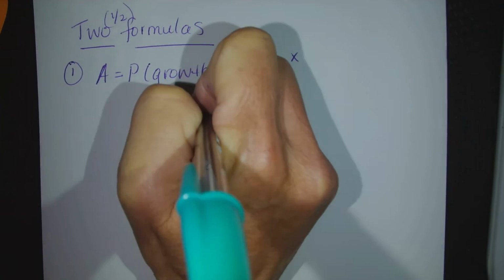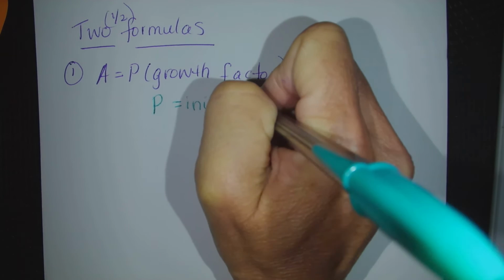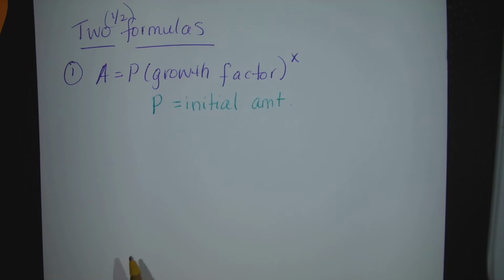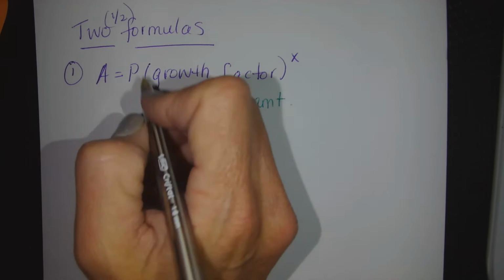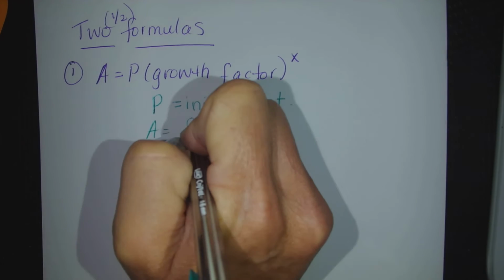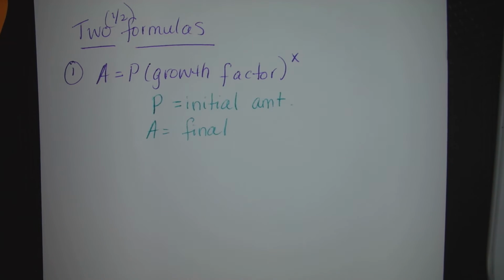P equals initial amount. A equals final, meaning your answer, okay, it's pretty.